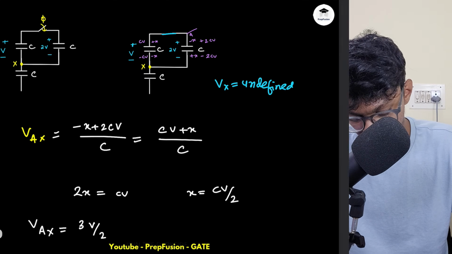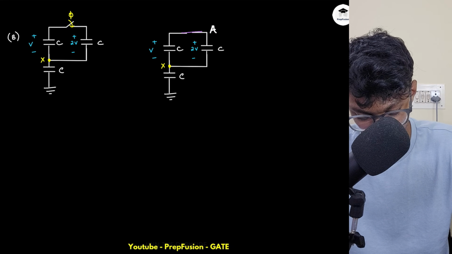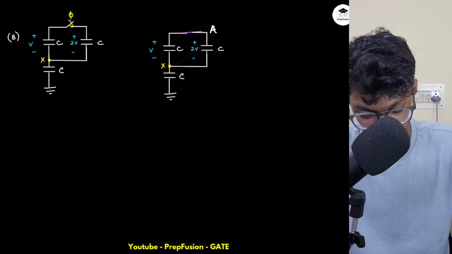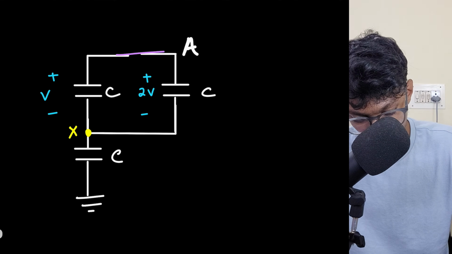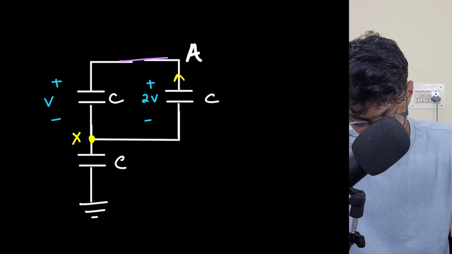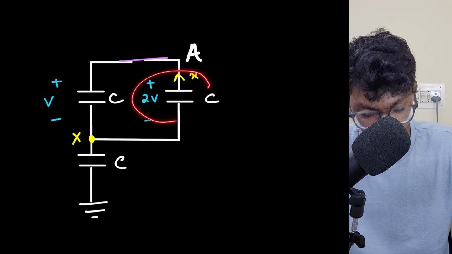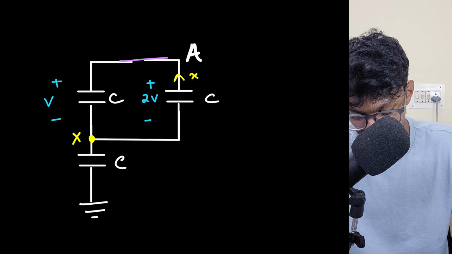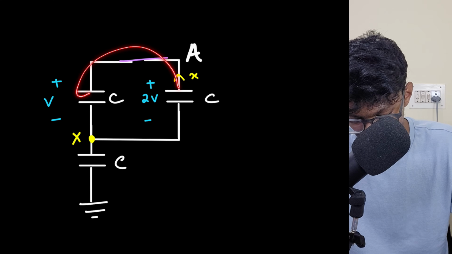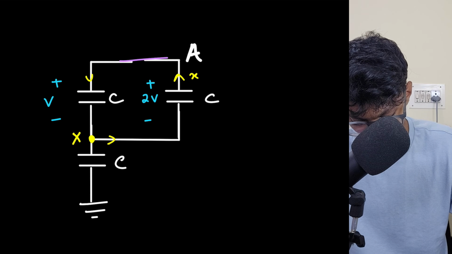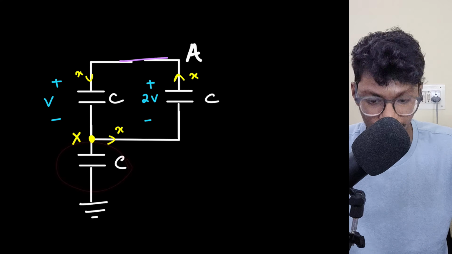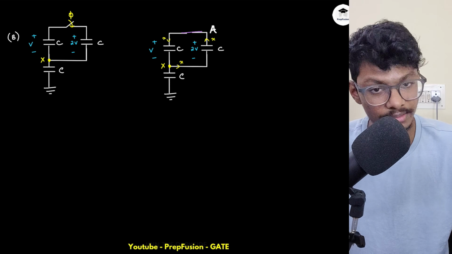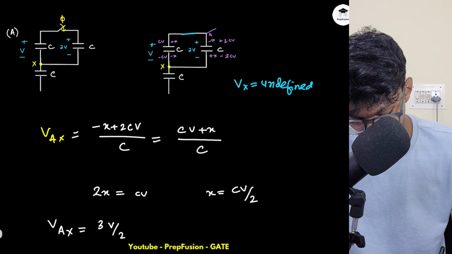This analysis will remain the same because this is the VA and VAX; whatever happens to X, I don't care, but this VAX will remain the same. Again some X amount of charge will flow out from this 2V capacitor, and that same X amount will come in here. So basically no charge transfer is taking place to this bottom capacitor. Again the same thing, exact same equations.